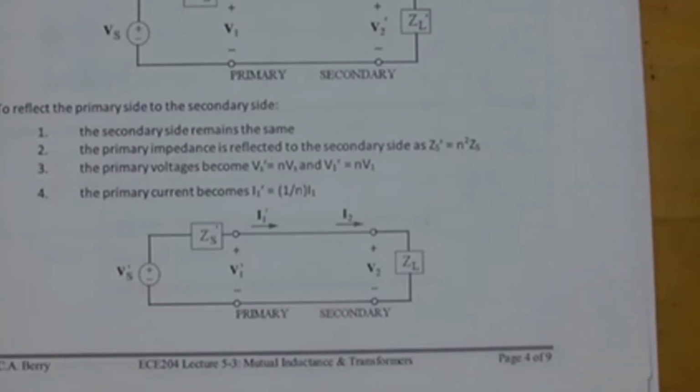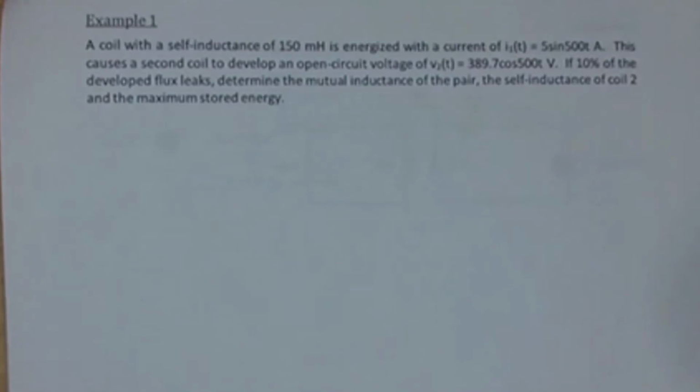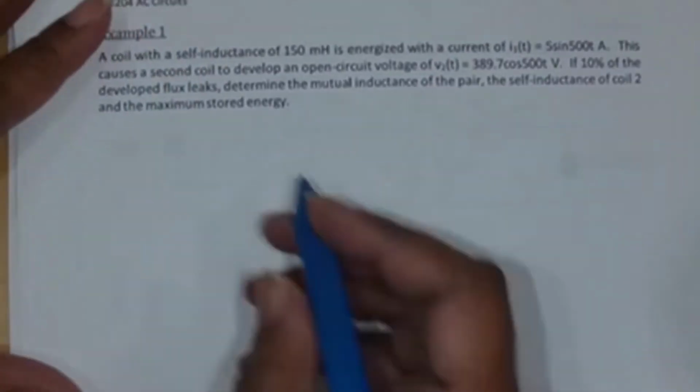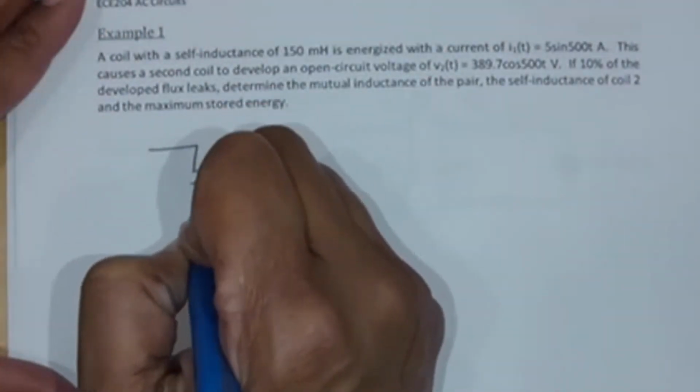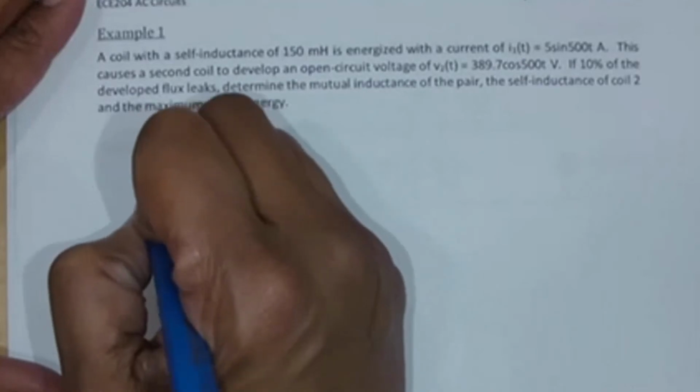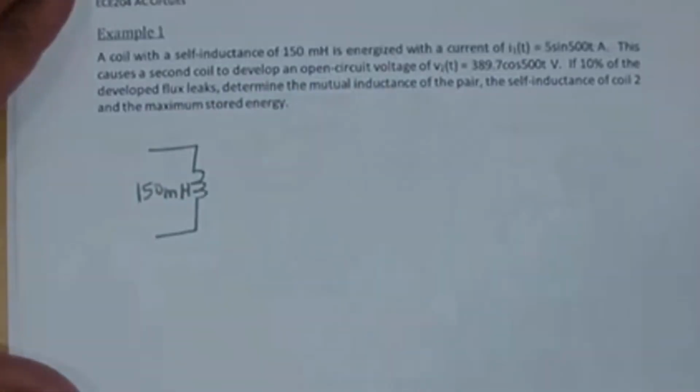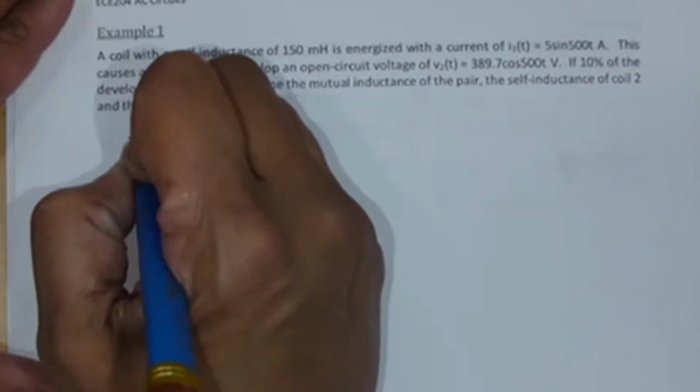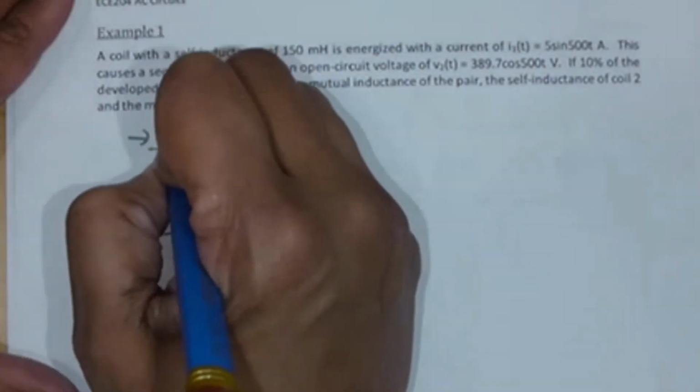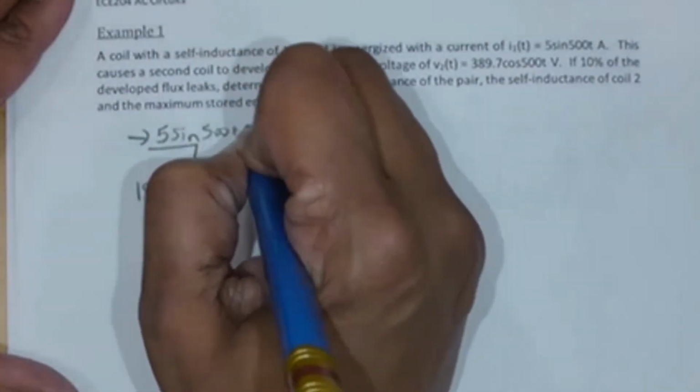All right, page 5. So a coil with a self-inductance of 150 millihenry is energized with a current of 5 sine 500 t. This causes a second coil to develop an open circuit voltage of V2. Let's try to draw what we have here. Here's our coil with 150 millihenry with a current of 5 sine 500 t in amps.